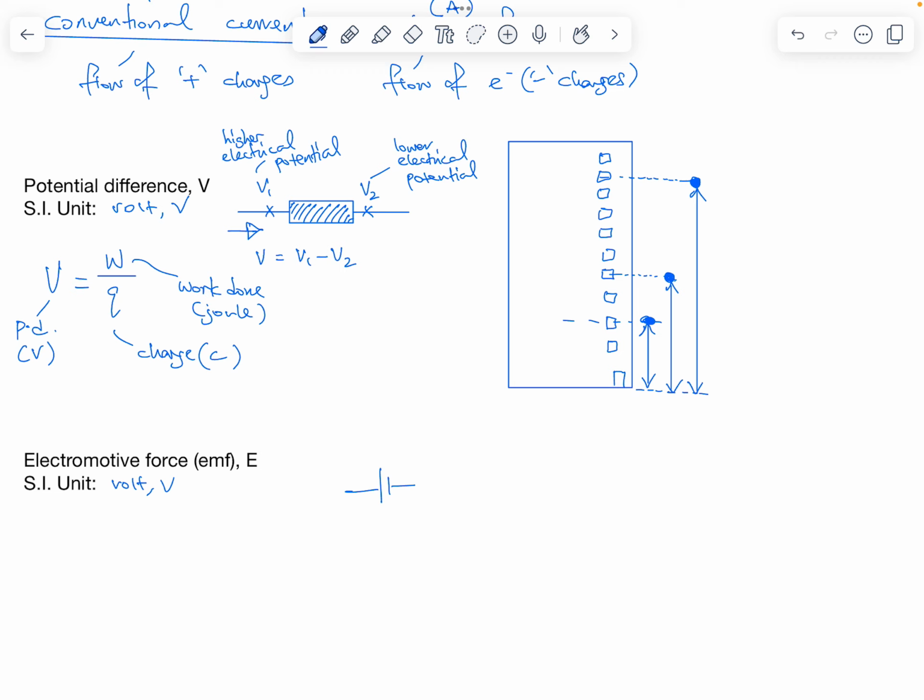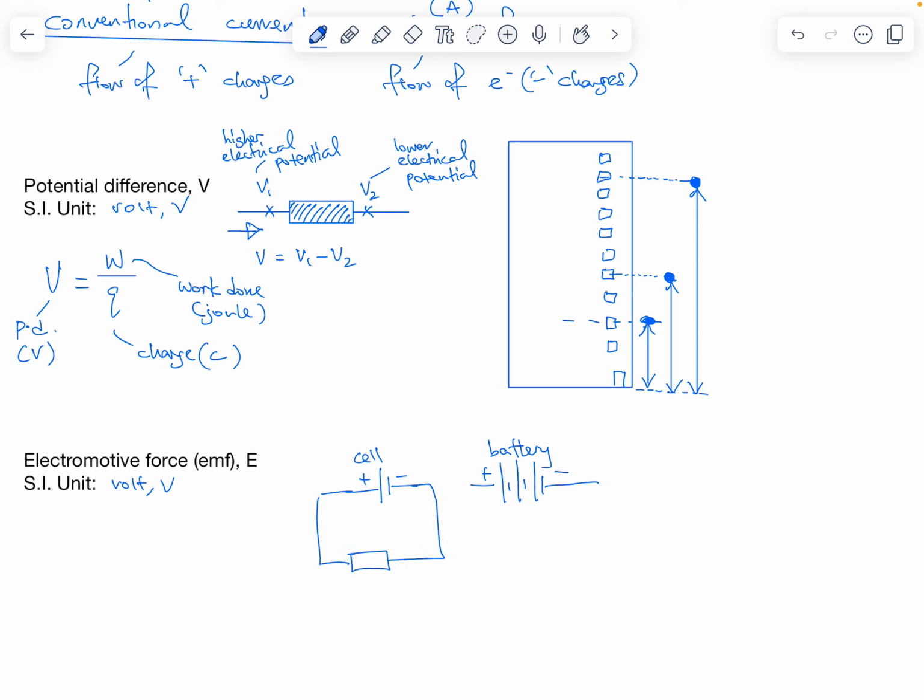So usually we use a cell or a battery to describe that. So in a cell or battery, the long line refers to positive terminal, the short line refers to negative terminal. And it is the driving force behind a circuit.